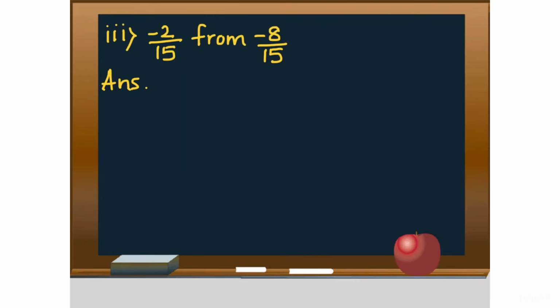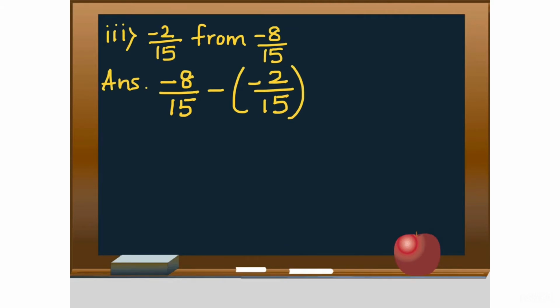Let's now look at the third question. Subtract minus 2 by 15 from minus 8 by 15. So let's write the answer. Minus 8 by 15 minus of minus 2 by 15.